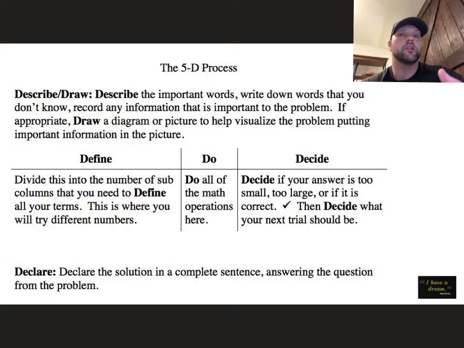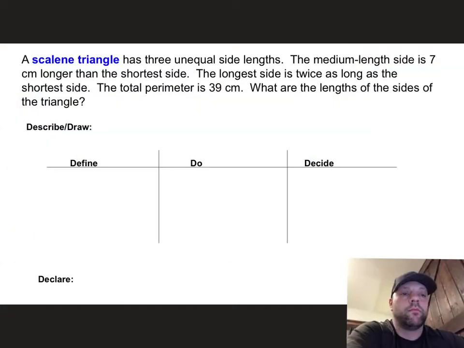Should we try a larger number, or should we try something a little bit smaller? Was that too big or too small? Maybe it's the correct answer. So that allows us to make our decision. Once we have done that, we're going to have our declare, and this is the statement that's going to answer your question that hopefully you have written down back up here at the top.